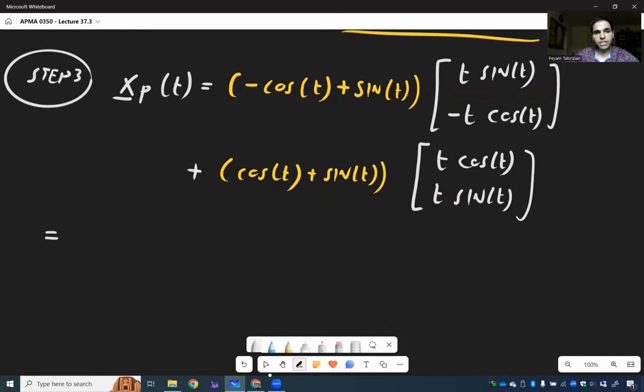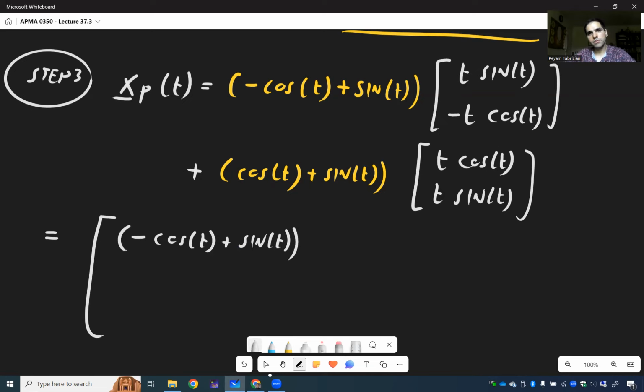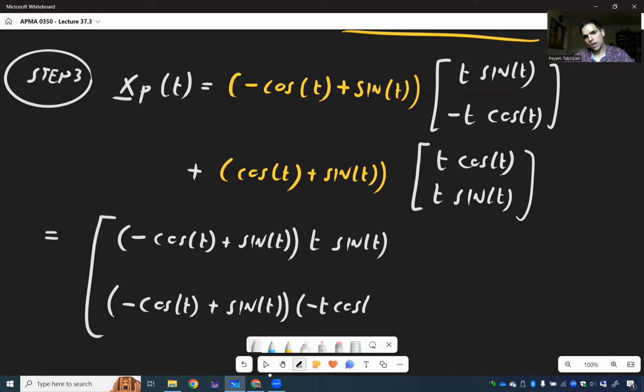So in this case, we get minus cosine t plus sine t times t sine t, and then minus cosine t plus sine t times minus t cosine t. That was the first term.